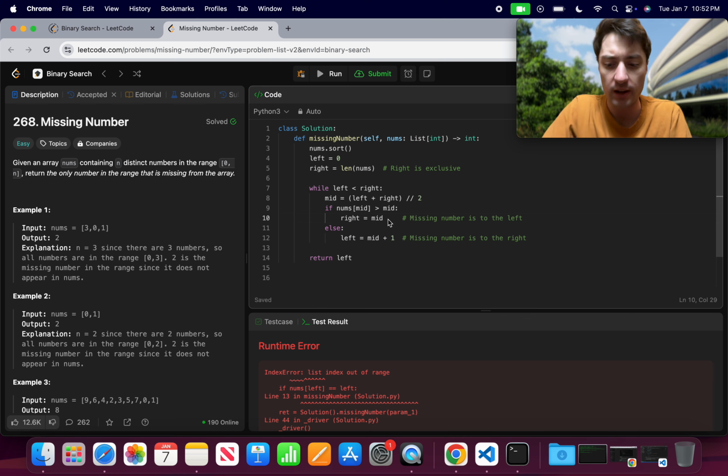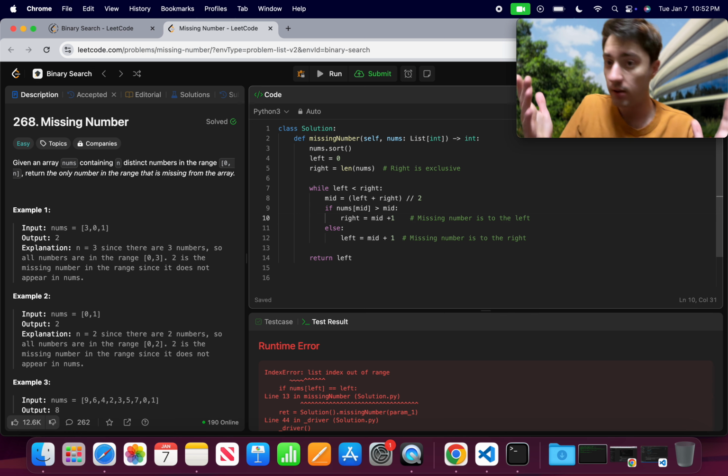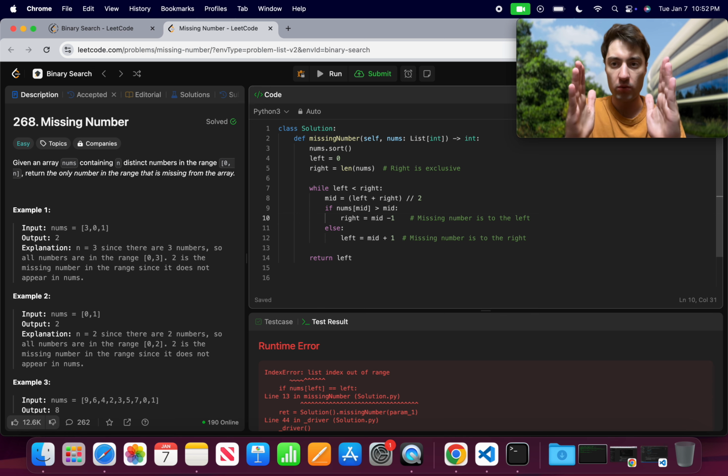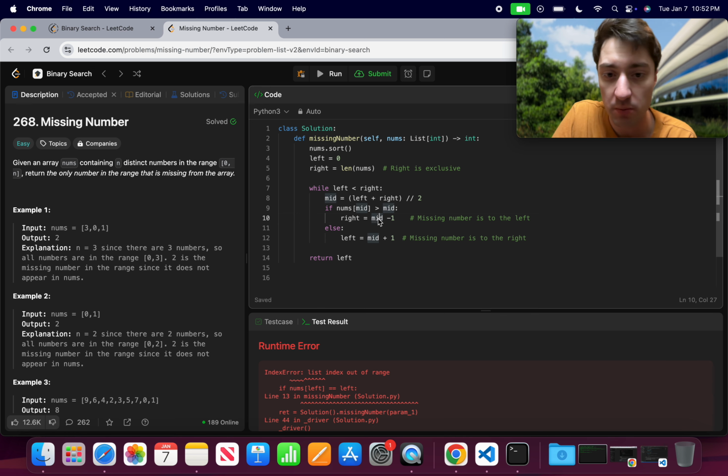And then I did a plus one, or actually it would be minus one, because we're shifting right to be after the midpoint, right? So this one is mid not inclusive. This one was mid inclusive, but now I made it mid not inclusive, and you have to make it negative because it shadows, right?